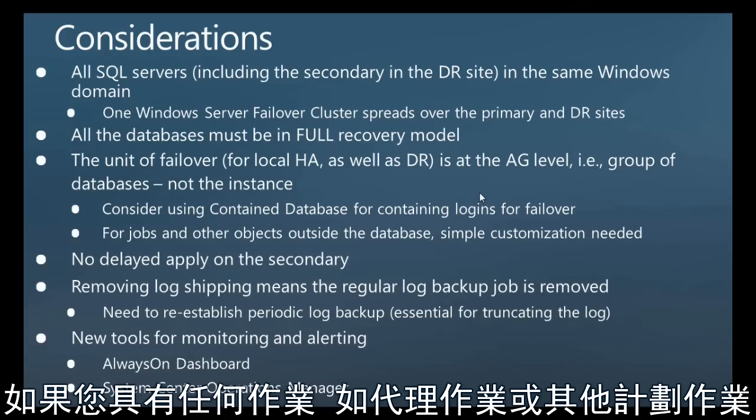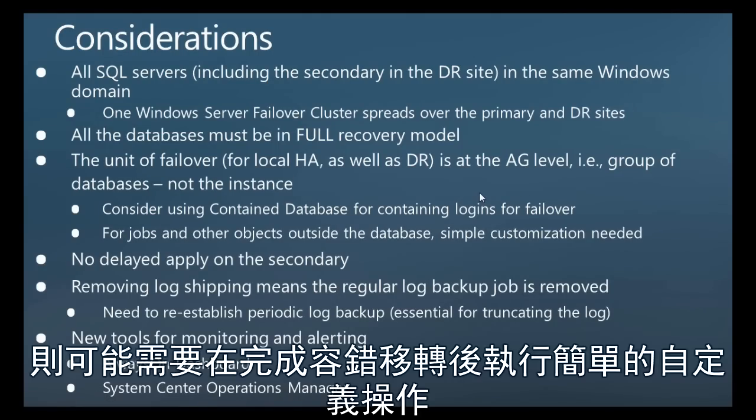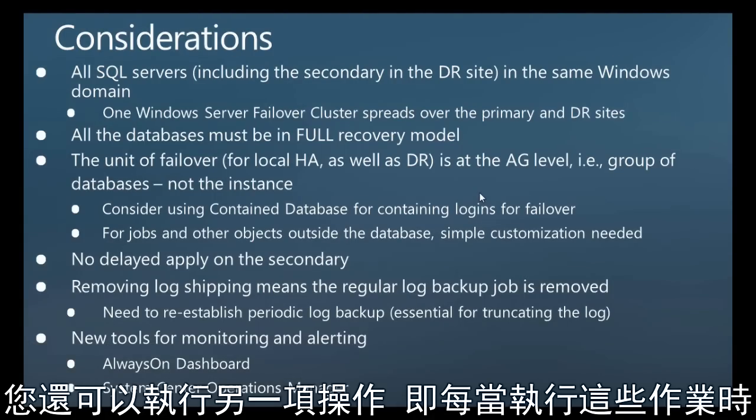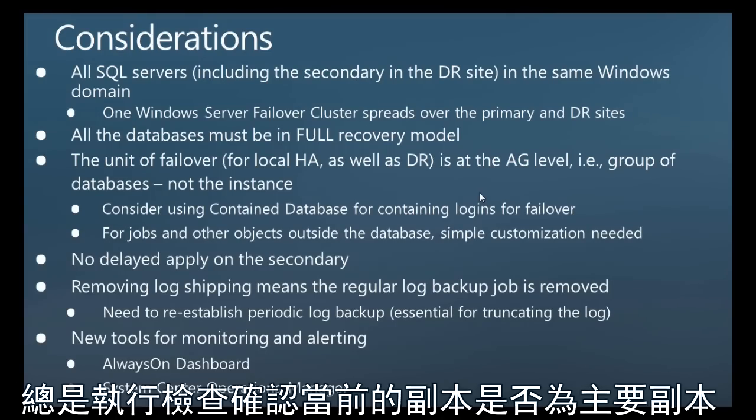If you have any jobs or agent jobs, other regular scheduled things, a simple customization probably is needed after the failover. Another thing you probably can do is when you write these jobs, you always do a check to see if the current replica is the primary.